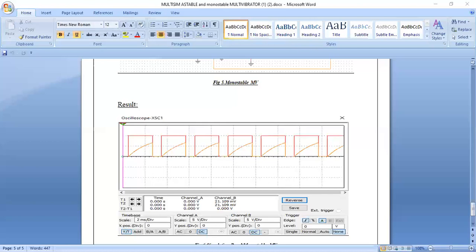Next, connection should be made for C1. One end is connected to ground, and the other end is connected to R2, between R2 and the threshold pin.